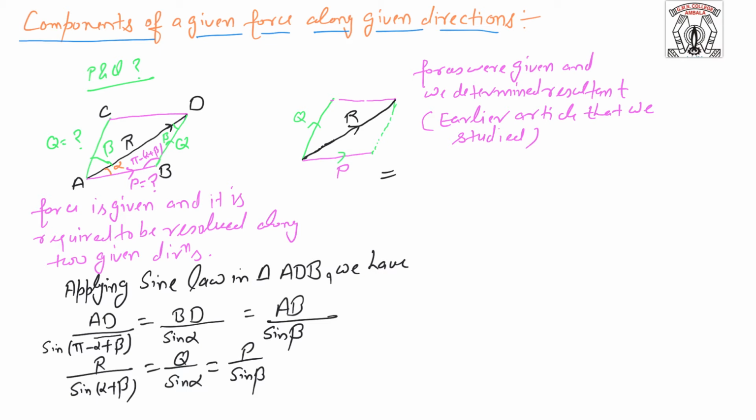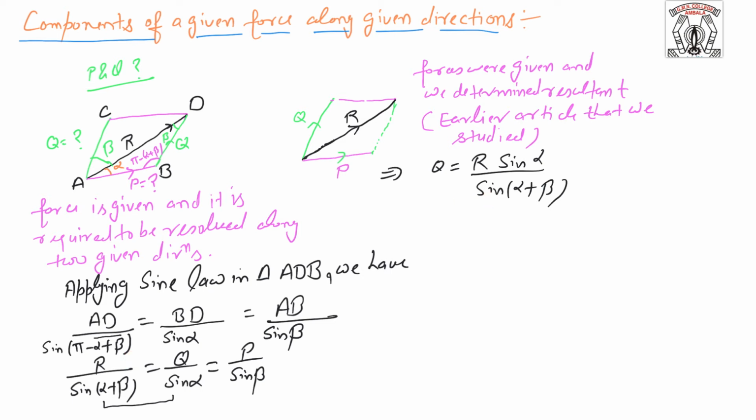From these ratios, as R is known, and alpha and beta are known, Q is to be determined. So from the first two we can write Q equal to R sine alpha divided by sine (alpha plus beta). So this will be the result.